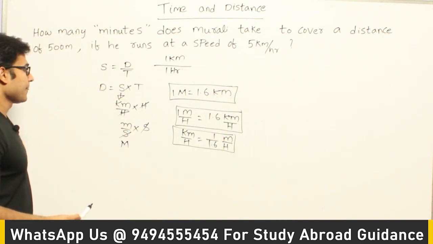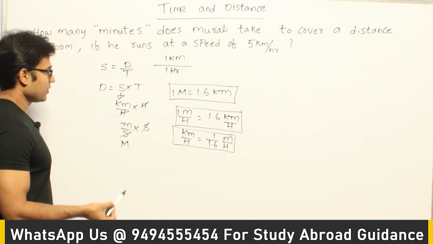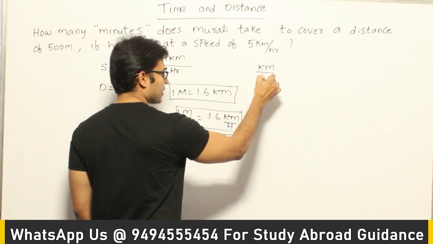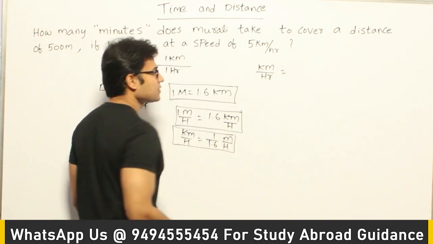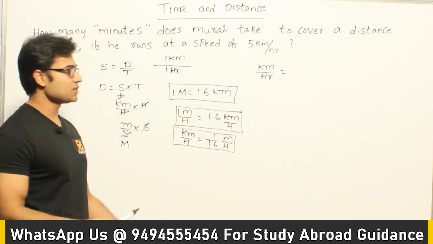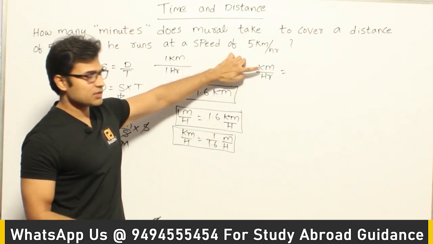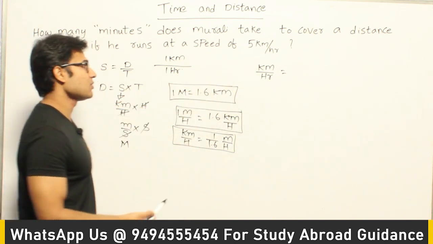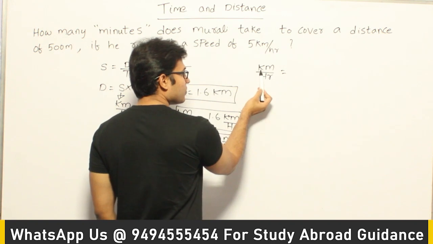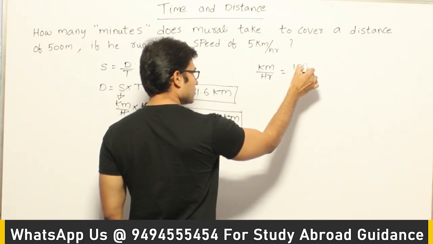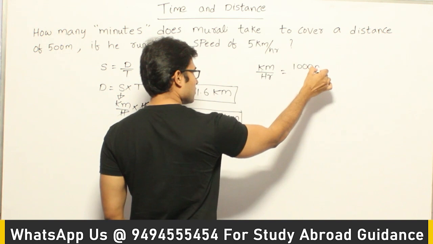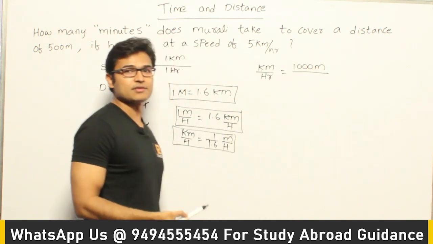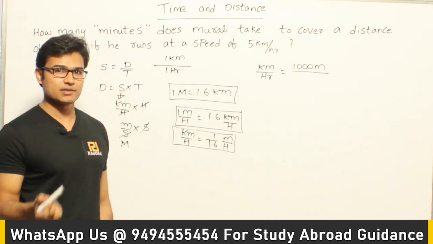Okay, fine. And now the other conversion is, sometimes they will give you the speed in kilometers per hour and they will ask you something in seconds, which means you want to convert this into meters per second, right? So kilometers per hour is given and you want to convert it into meters per second. So how to do that is, we know that kilo means 1000, so I am converting kilometers into meters, so 1000 meters divided by, in 1 hour we know that there are 60 into 60 seconds, 60 minutes and then 60 seconds in every minute.